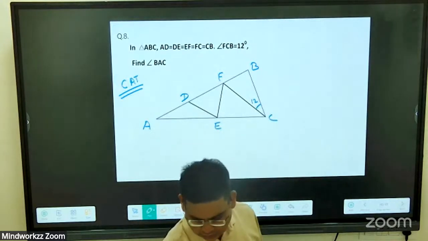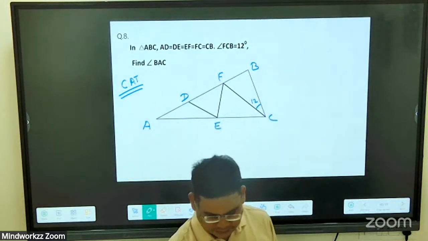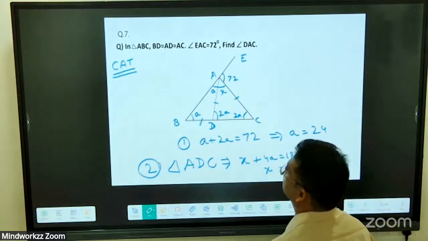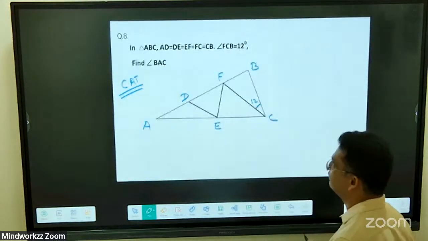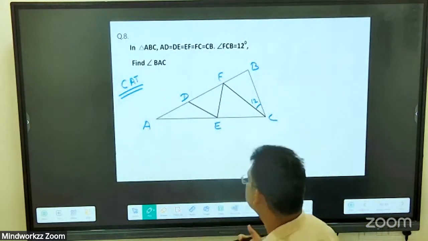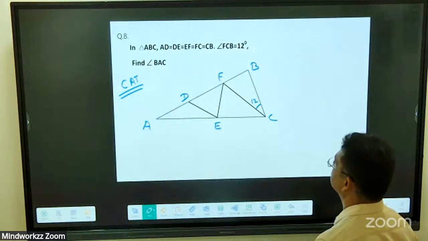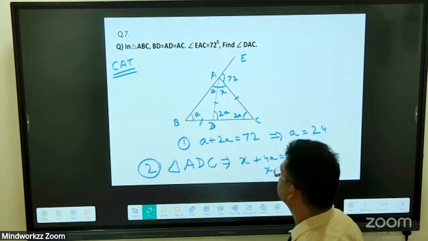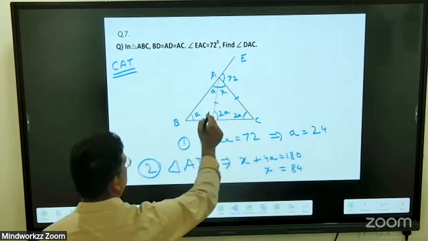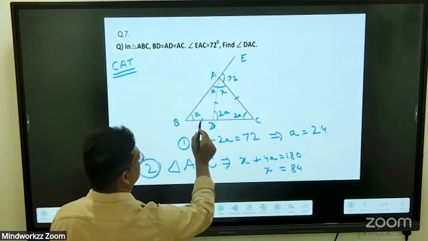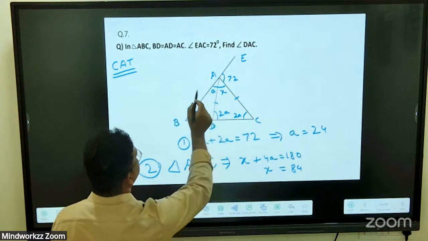Now, others may try. I will explain the previous one too. Hope you have taken the snapshot of this. Winnie, Jia, people who are attempting this question. And for Jackie, see, in the smaller triangle ABD, it was given that BD is equal to AD, right?